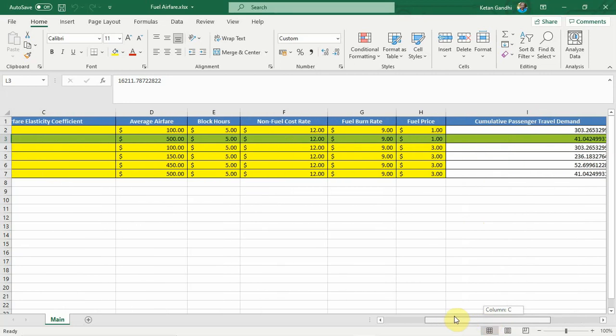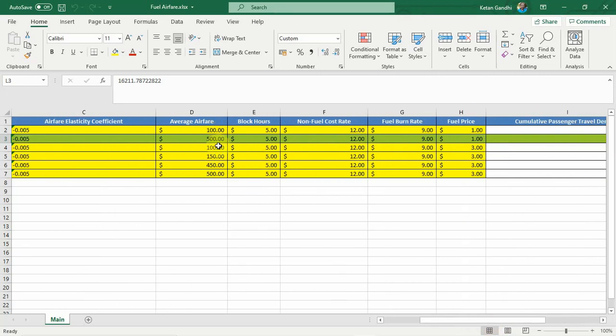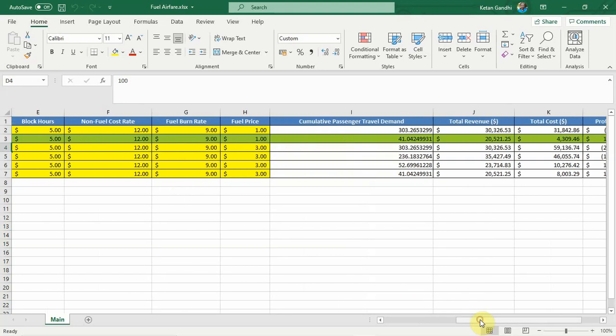You can experiment with different airfares here. We experimented with 100 and 500 for the fuel price of 1, the rest being constant. Then we experimented with 100, 150, 450 and 500 with the fuel price changed to $3 per gallon, the other cost structures being constant. Ultimately, the green highlighted one gives them the maximum profit.